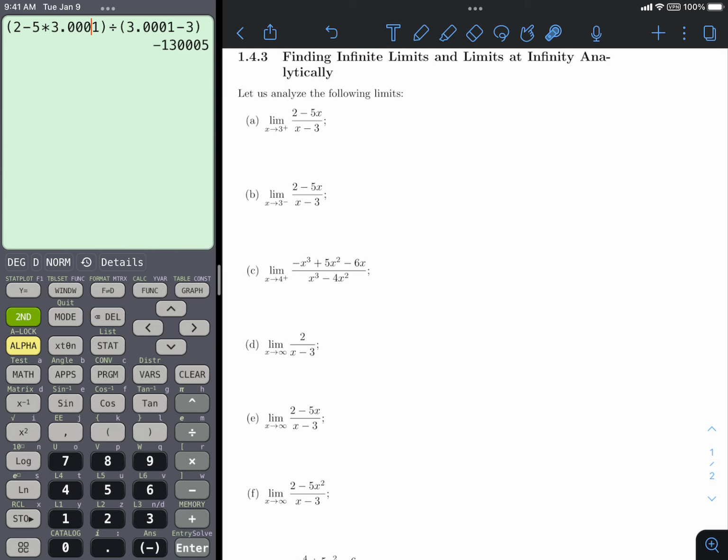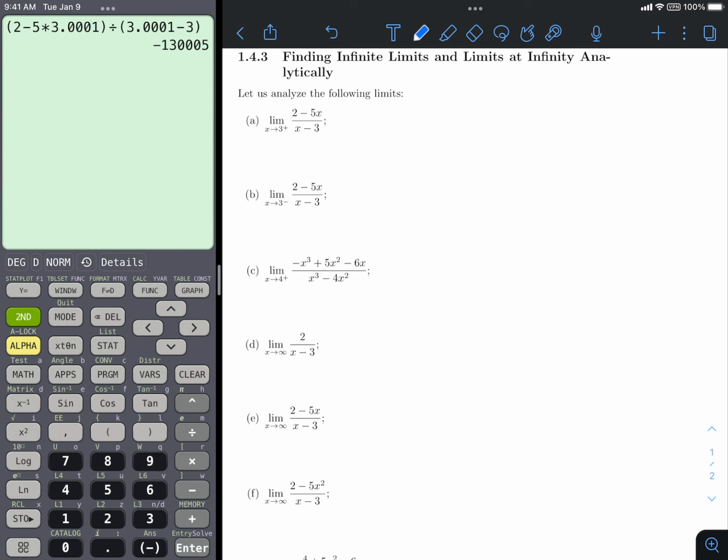So this means that we would expect that this limit is minus infinity. So how can we come up with a way to reach this conclusion without having to plug in successive values into our calculator? This is how we can think about it. We can think about it by noticing, first of all, that the bottom will be very, very close to 0. So it would be very, very small. So I'll start writing the limit now.